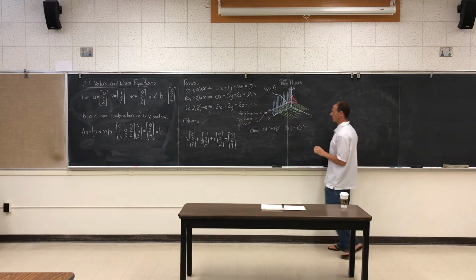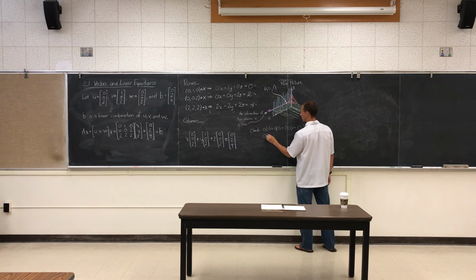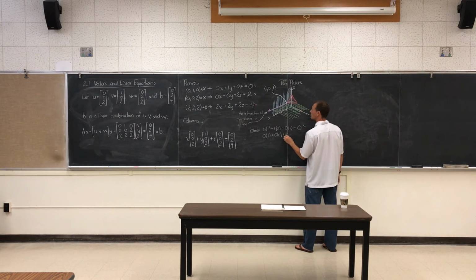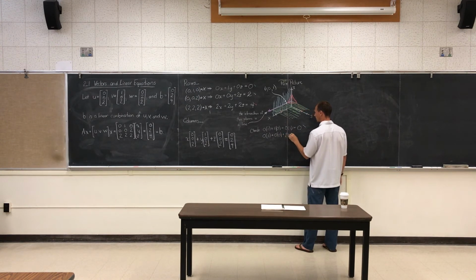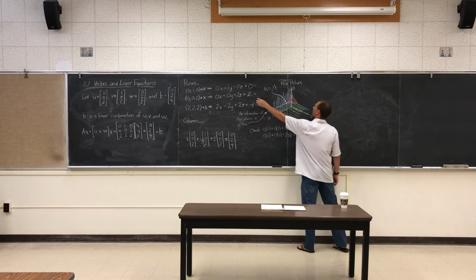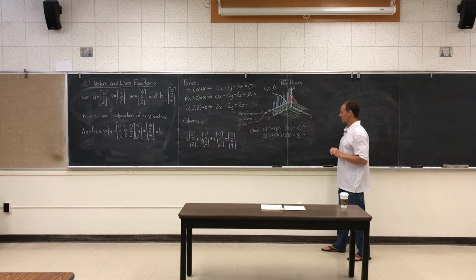Let's try the second one. The second one says that 0 times 1 plus 0 times 0 plus 2 times 1 should give me, let's see, that's 0 plus that's 2, matches again. So we're 2 for 2. Can we be 3 for 3?